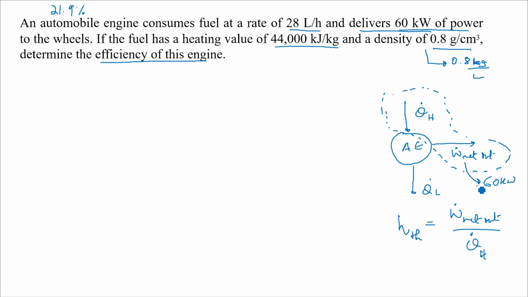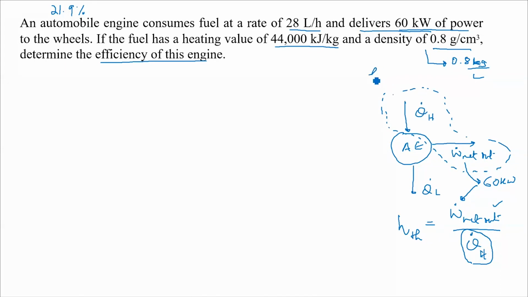So when I look at this expression, I know that work net out is known to me. The rate of work delivered by the engine is known to me. I have to find out the value of Q dot H, and the information regarding Q dot H that is given to me.